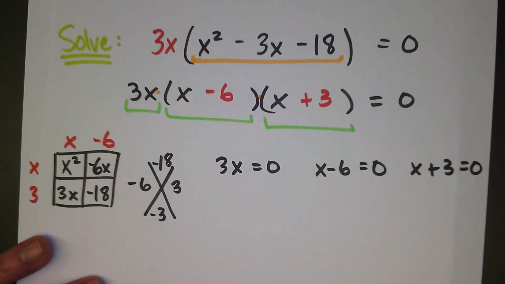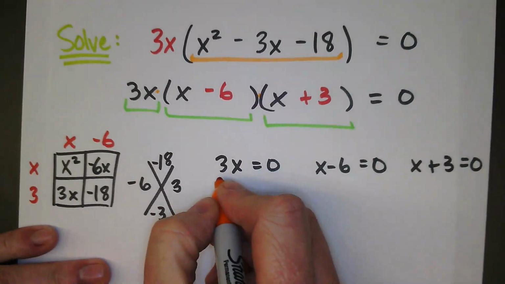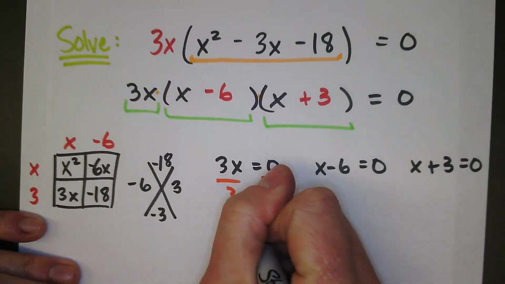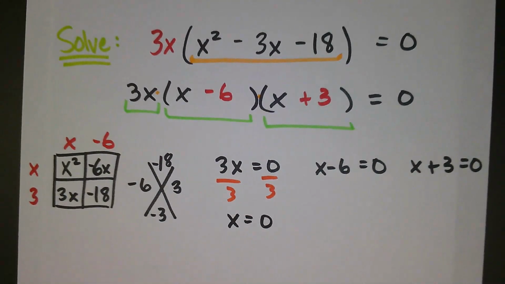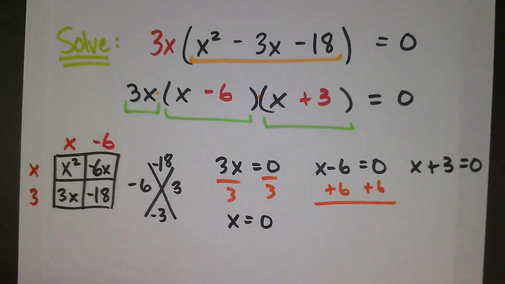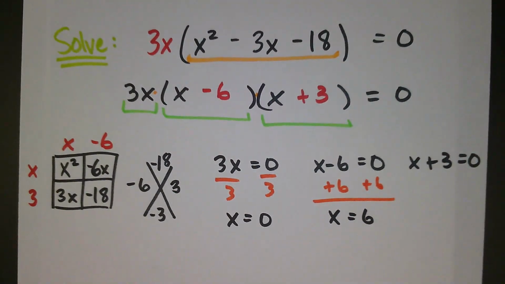I solve each one of these equations individually. The way I solve them, this one, divide by 3, and x equals 0. So my first potential answer is x equals 0. On this one, I will add 6 to both sides, and I'm going to get x equals 6.